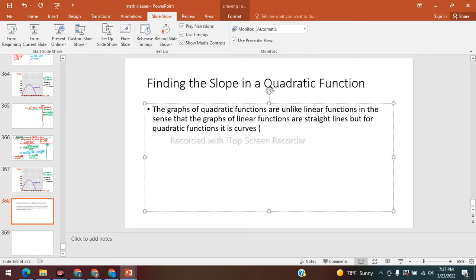So we have upside-up or downside-down U-shaped curves, right?